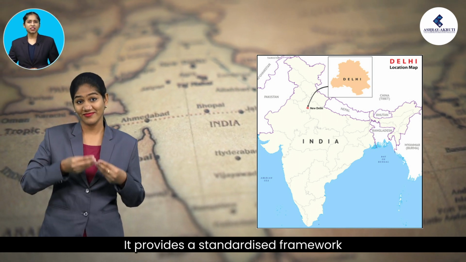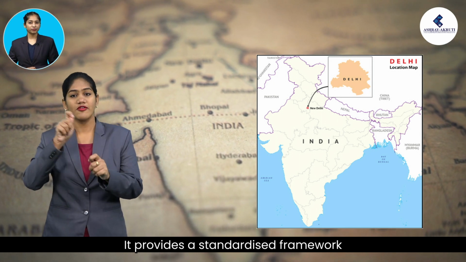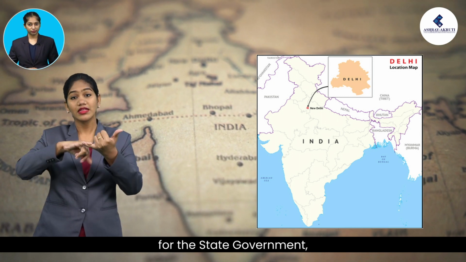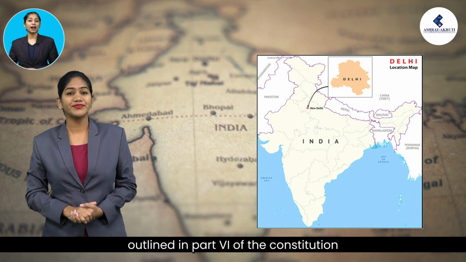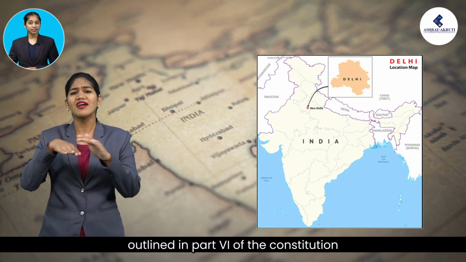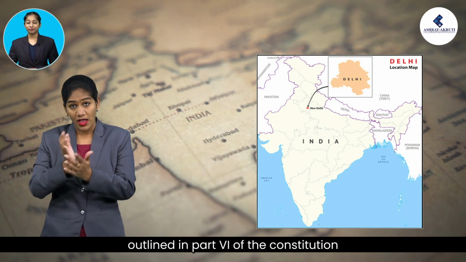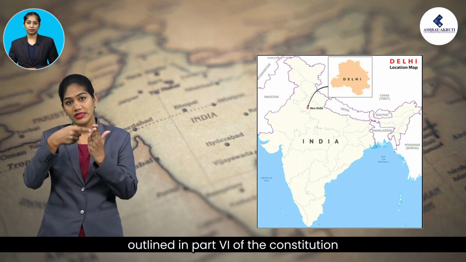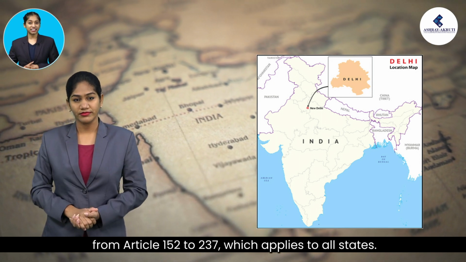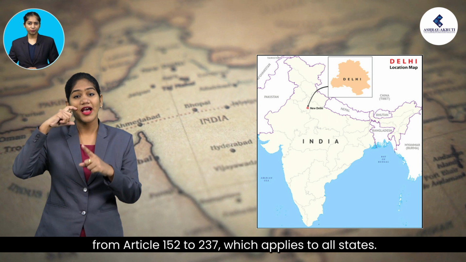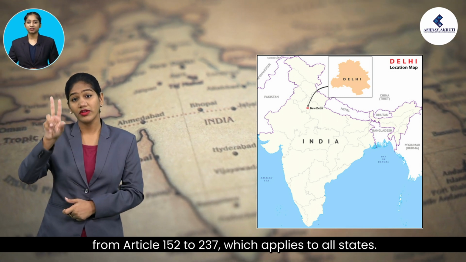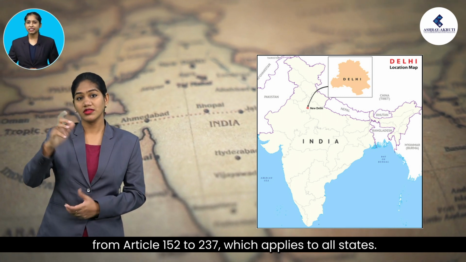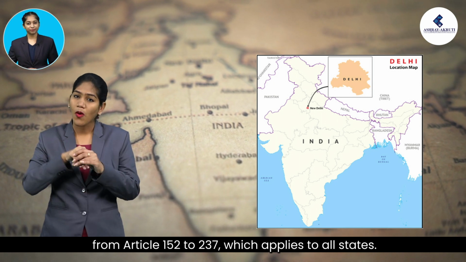It provides a standardized framework for the state government, outlined in Part 6 of the Constitution, from Article 152 to 237, which applies to all states.